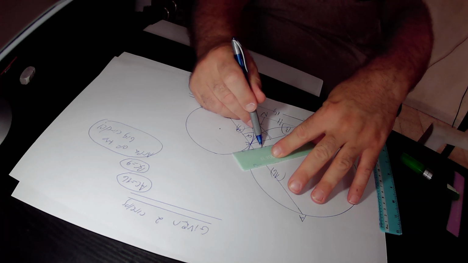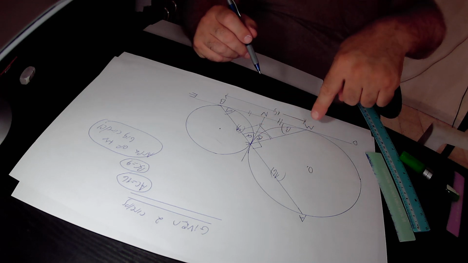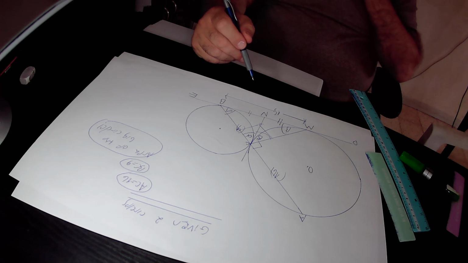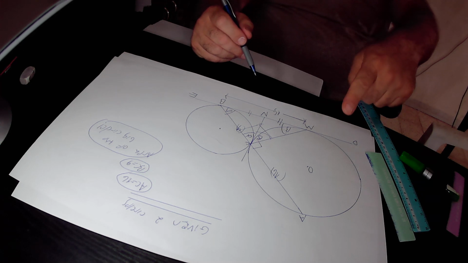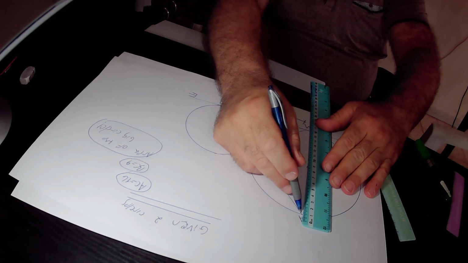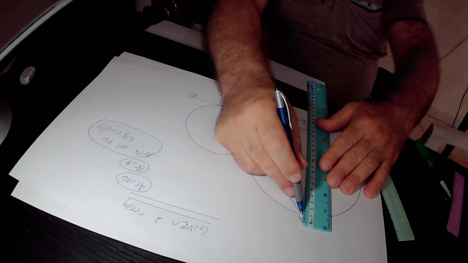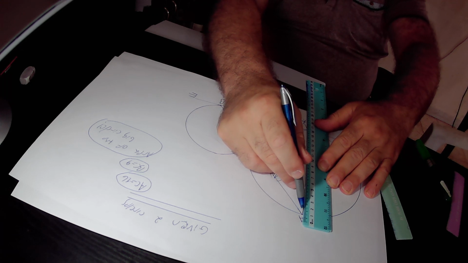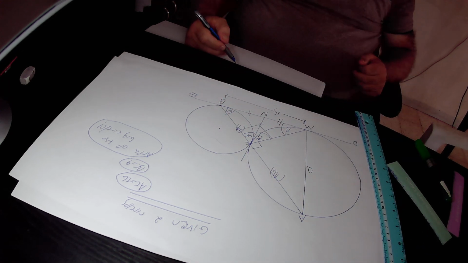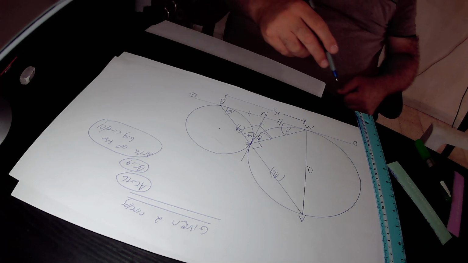So I found out that angle ACM is a right angle. In the next step, we join points A and M together by a straight line, and we'll focus on the big circle.